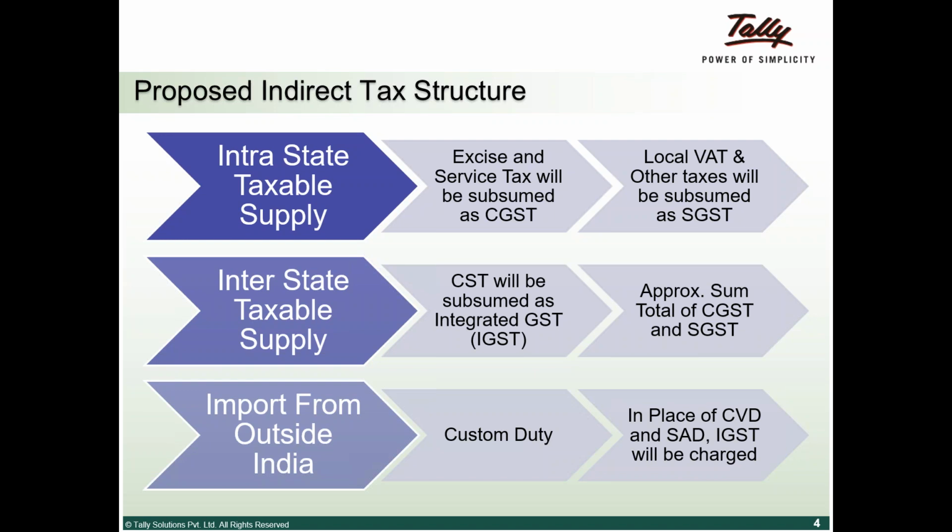So basically, everything that we had in the regime of indirect taxes, which was VAT, excise duty, service tax, entertainment tax, and all these central and state levies, are going to be bucketed under three different buckets: CGST, central GST, SGST, state GST, and IGST, which is integrated GST.